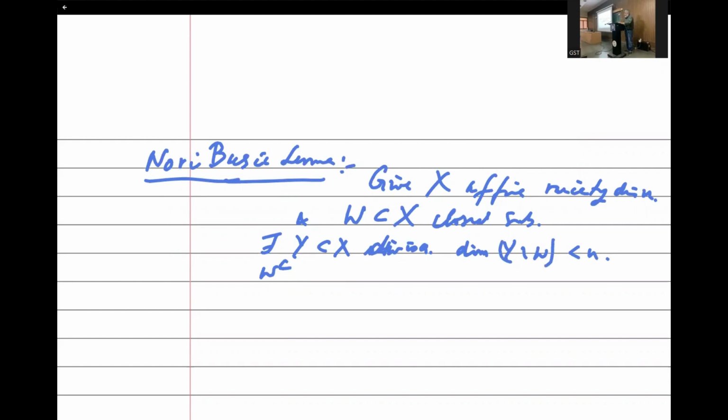And now with this property, H^i of (X, Y) is 0 if i is not equal to the dimension of X, that is, not equal to n, and is a free, finitely generated Z-module, a free abelian group, for i equal to n.